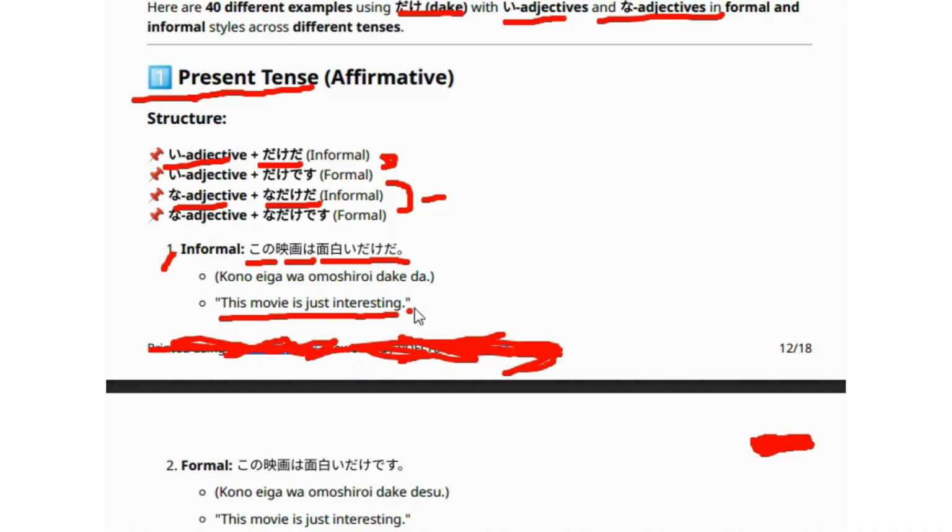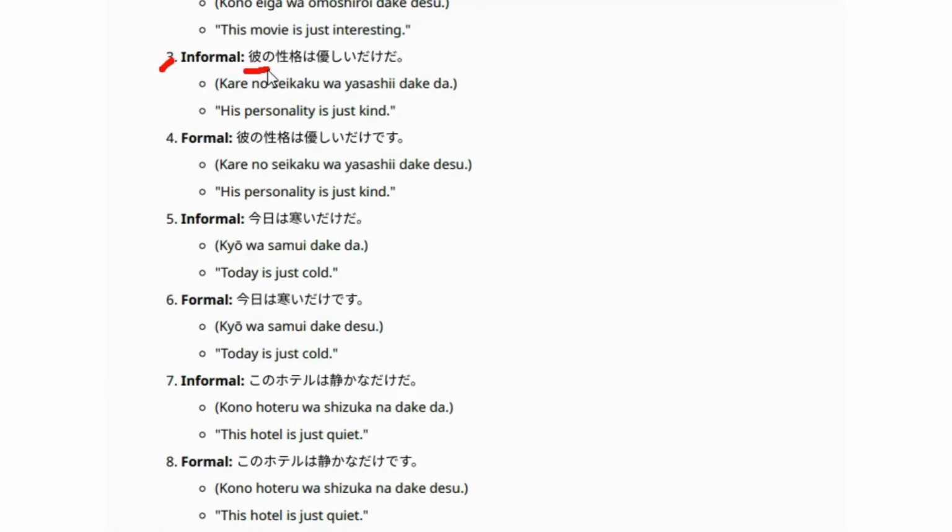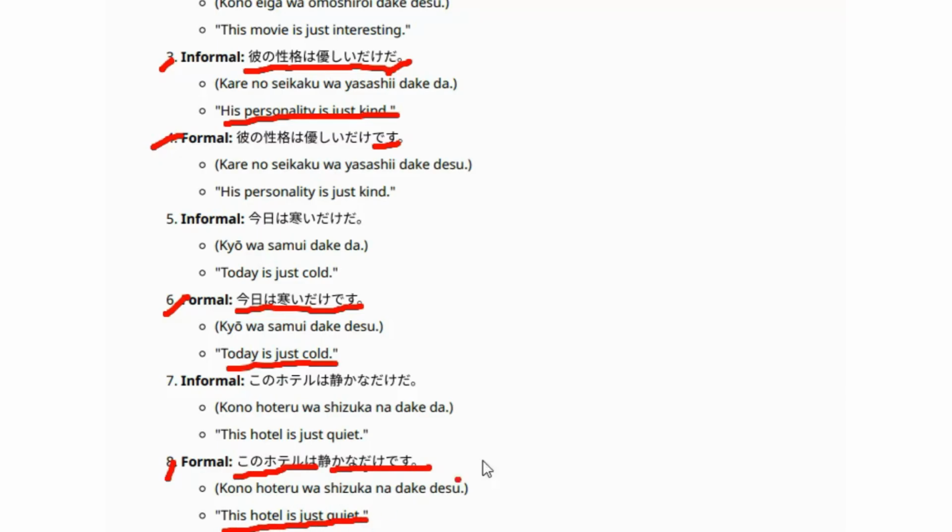This movie is just interesting. The next is kare no seikaku wa yashashii dake da, means his personality is just kind. And for formal, you just have to add desu instead of da. The next one is kyou wa samui dake desu, means today is just cold. And the next one is kono hoteru wa shizuka na dake da, means this hotel is just quiet.